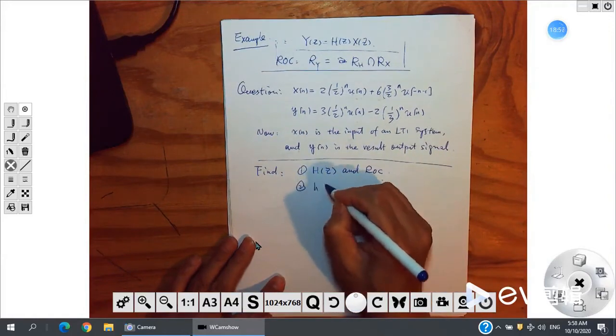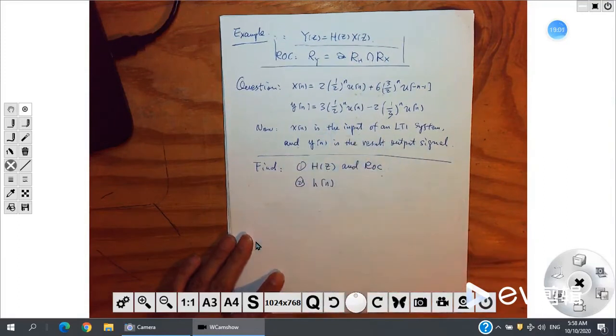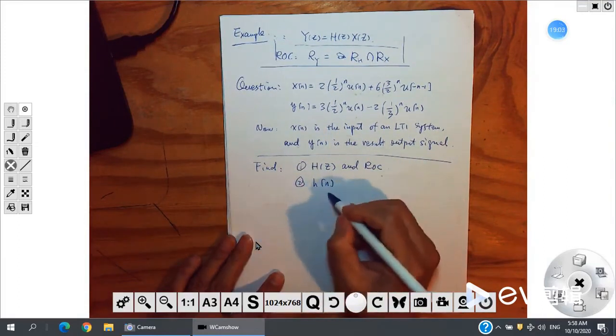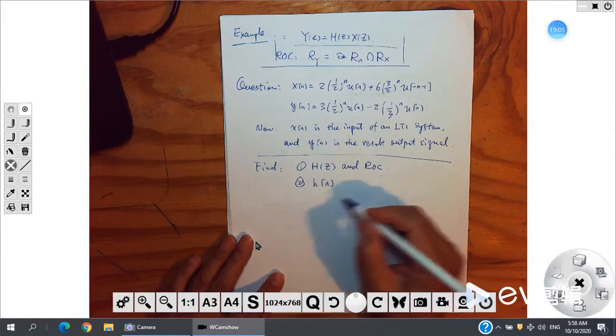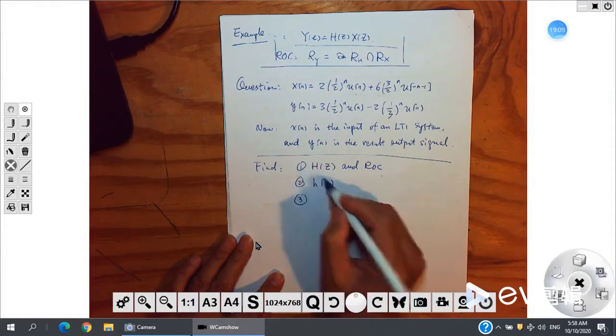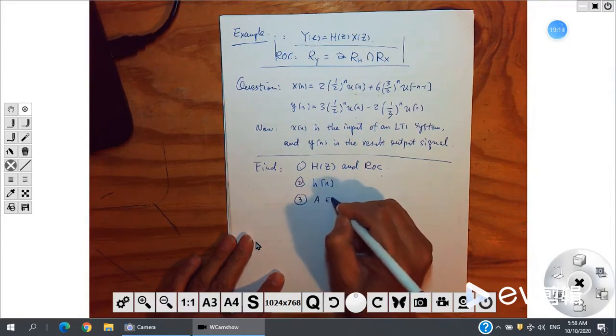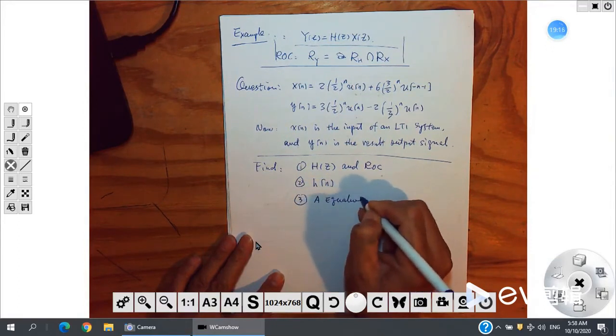Secondly, then this one won't be difficult, right? Suppose you already have H, you can find h of n. And then similarly, you can also get directly from H of z the equation of the system.